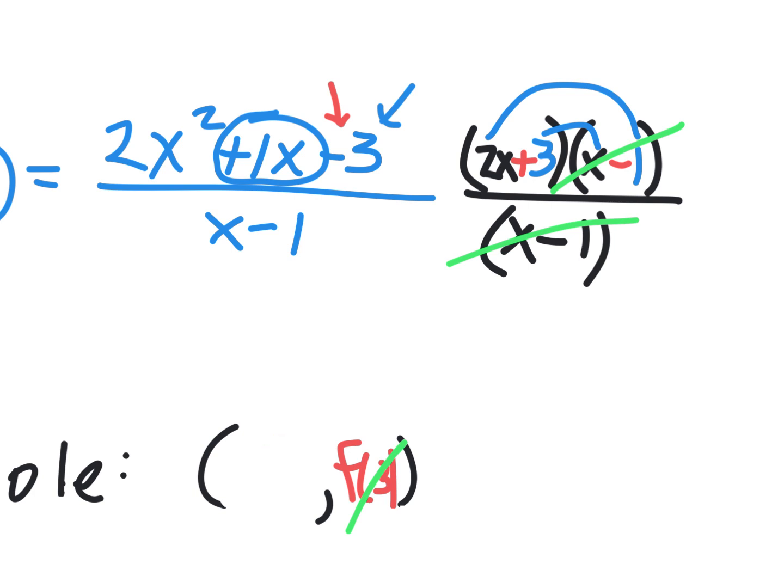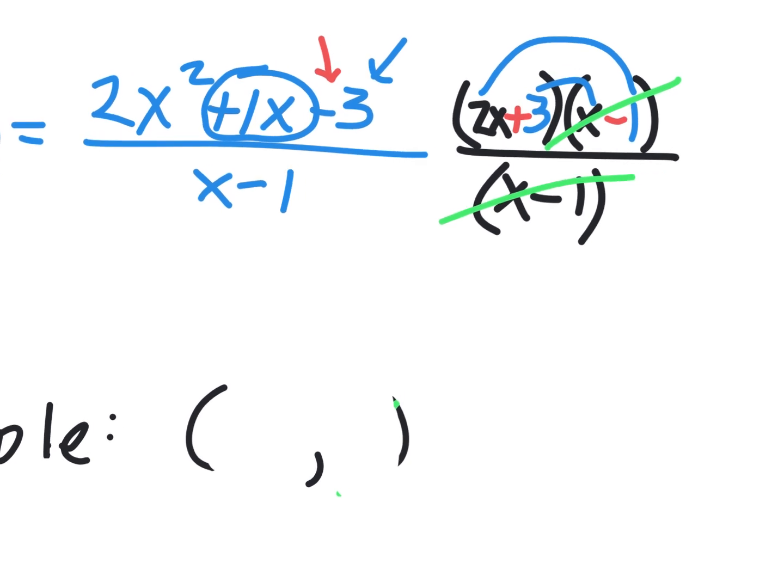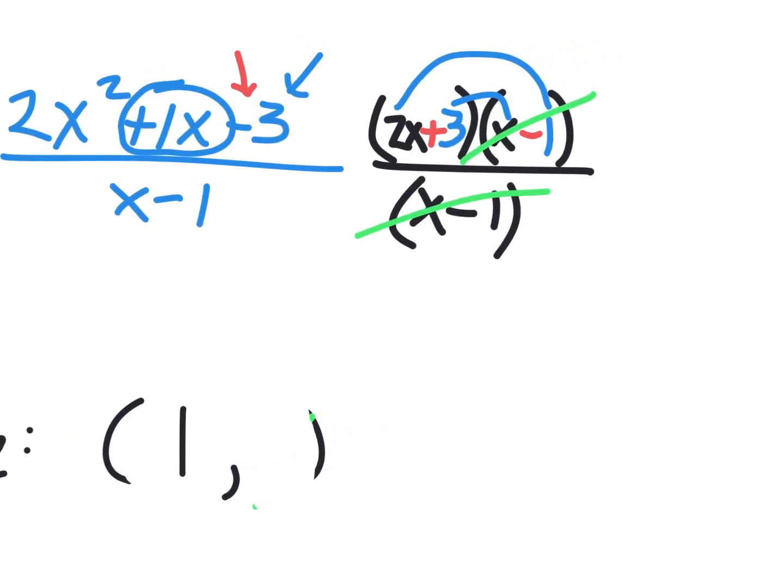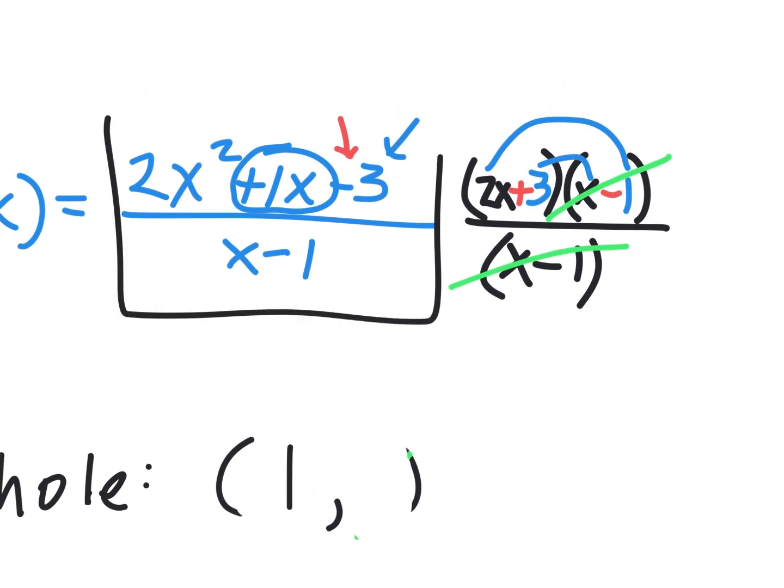Mr. Tivo, can you tell me the x of the hole? 1. Yeah, because that's what makes the equation 0. It's called the 0, is 1. But now, if I actually plug 1 into this, do you get that the bottom becomes 0 and it'll just die?